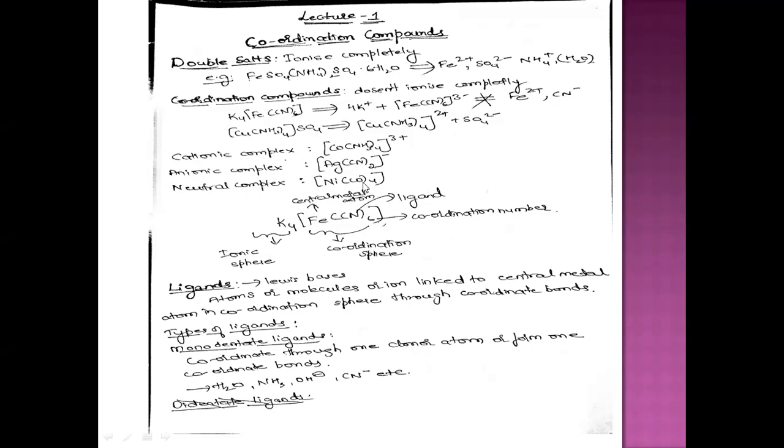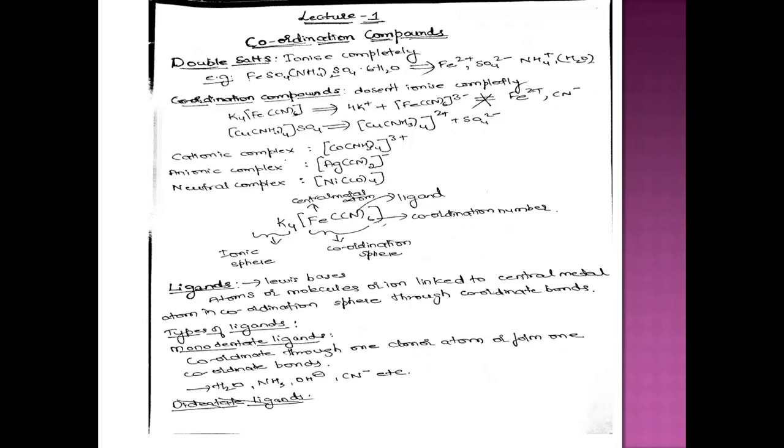Such complexes, which do not have any ion outside the coordination sphere, are said to be neutral complexes. So a complex with a positive charge on the coordination sphere is a cationic complex, a negative charge is an anionic complex, and if there are no ions outside the coordination sphere, it is a neutral complex. Example is nickel tetracarbonyl. These are the types of coordination compound.